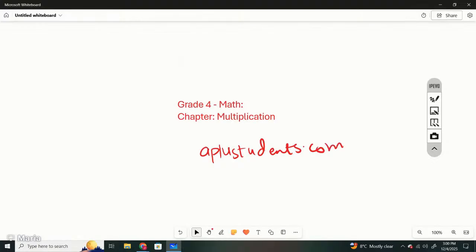You have to log in there using your email address and password as provided by the administrator. Then you have to select math from the subject tab. Scroll to grade 4 math and then click on view all lessons. There you can find a list of the chapters.